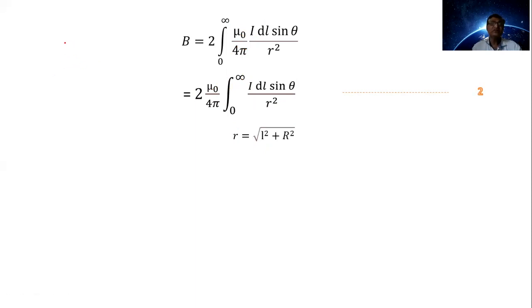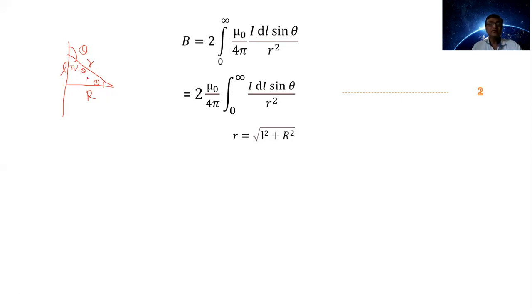That we have seen in our figure, which we can redraw here. This is capital R, this one is L, and this one is r. Now here we have considered this angle as theta, and that's why this angle is also theta. This angle is pi minus theta here.